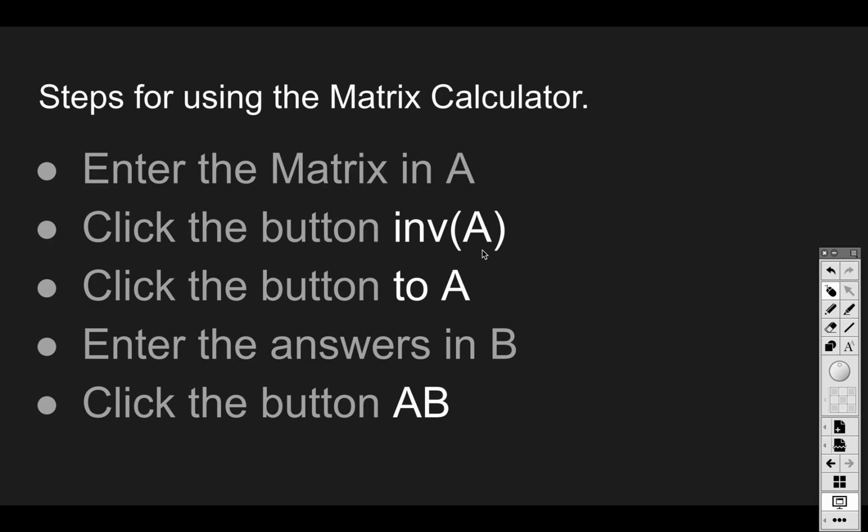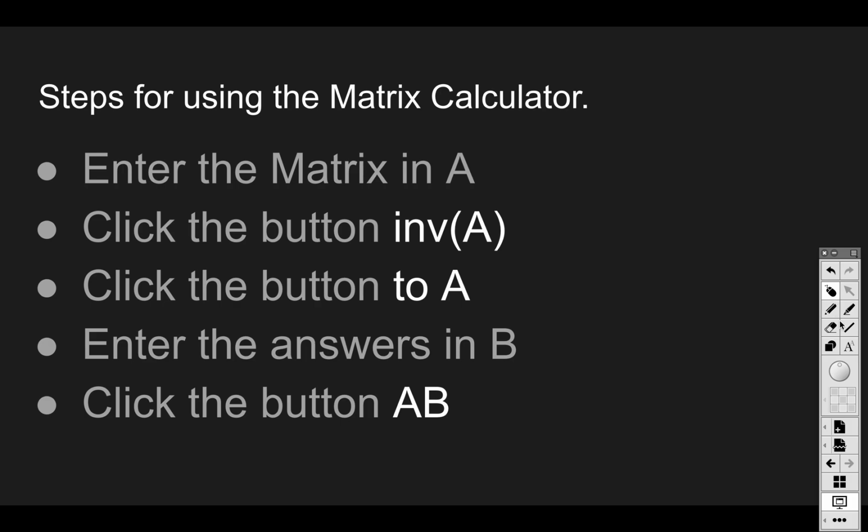And you'll see that when we go through this. Then enter the answers in B, and then you click the button AB. So if you don't have this written down, you should write this down next. These are the steps that we're going to follow in order to solve these.